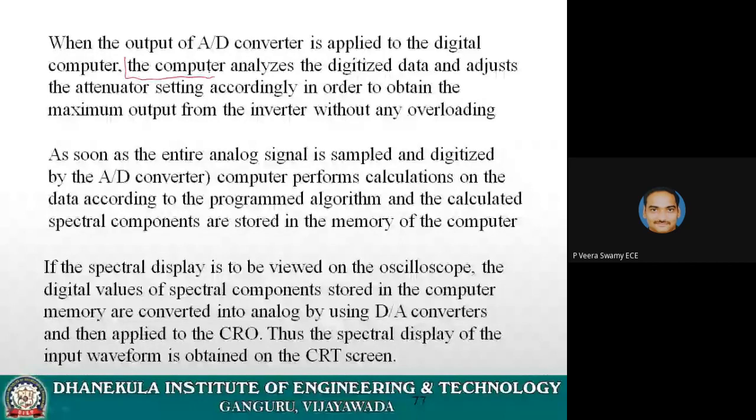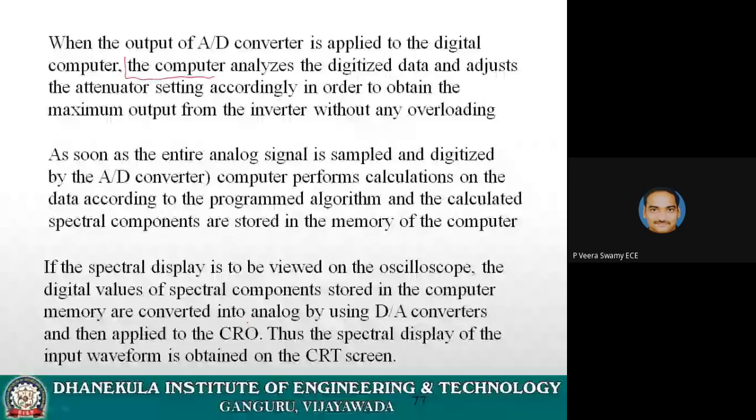That means here in this circuit, input is analog, output is also analog, but in between we are using an analog to digital converter and a digital to analog converter.